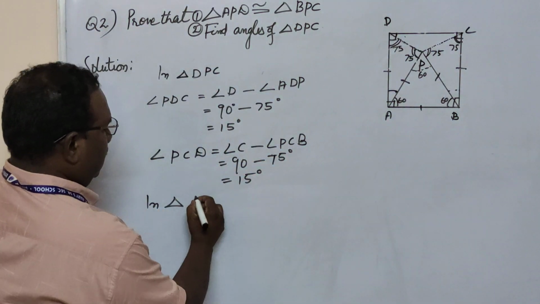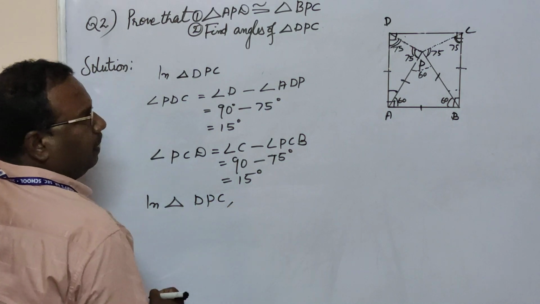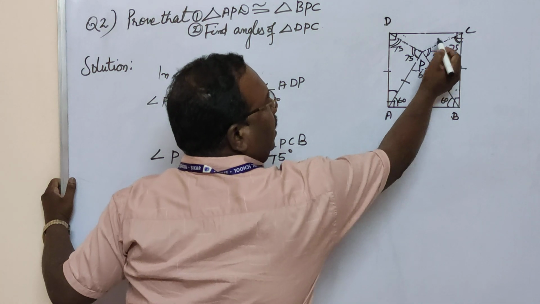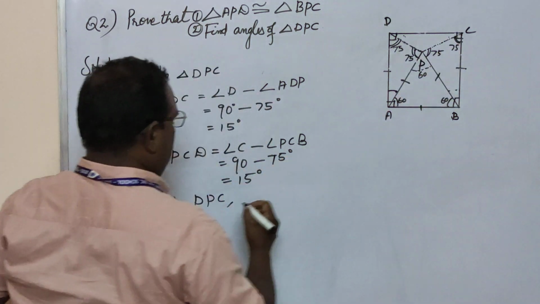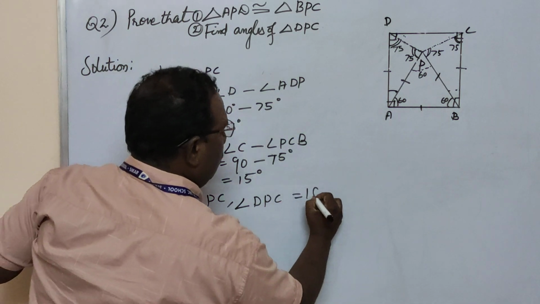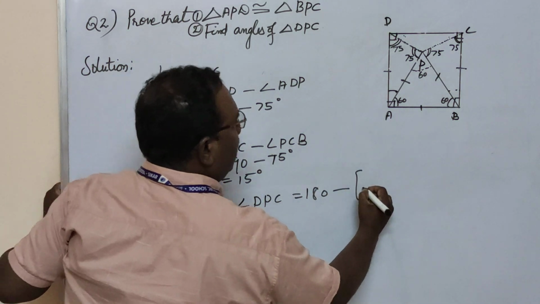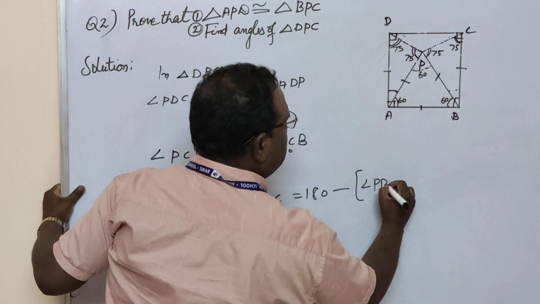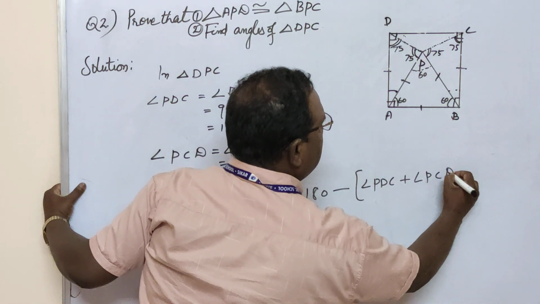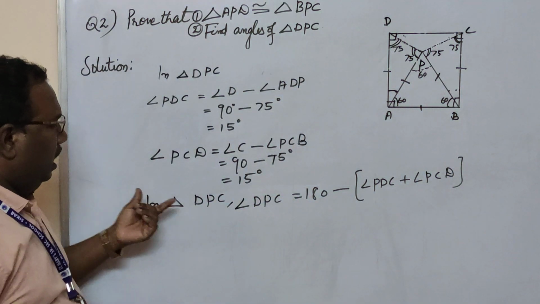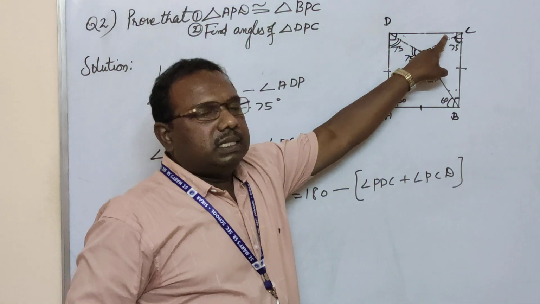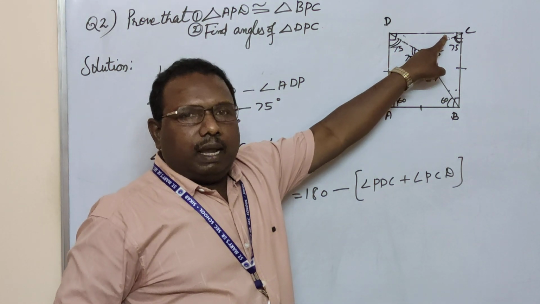Now in triangle DPC, this is 15 degree, this is also 15, therefore angle DPC equal to 180 minus angle PDC plus angle PCD. Look at the board very carefully. In triangle DPC, each of these is 15 degree.